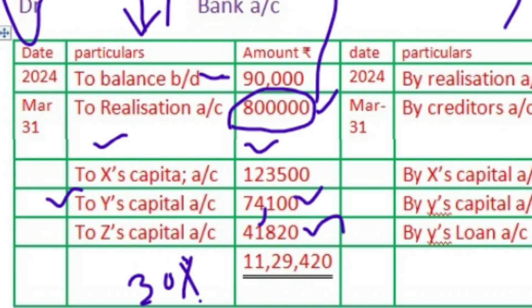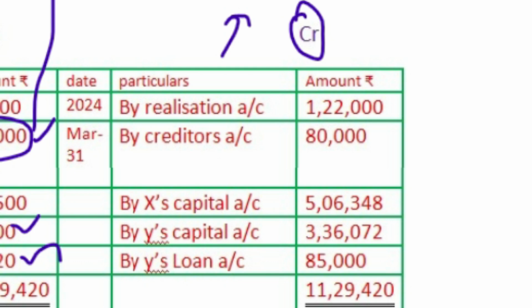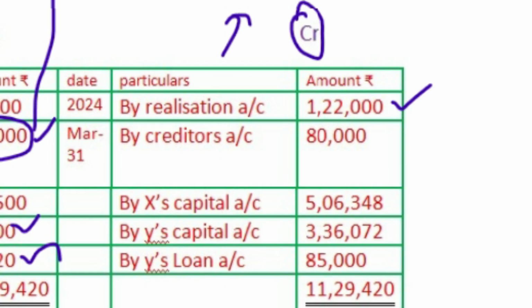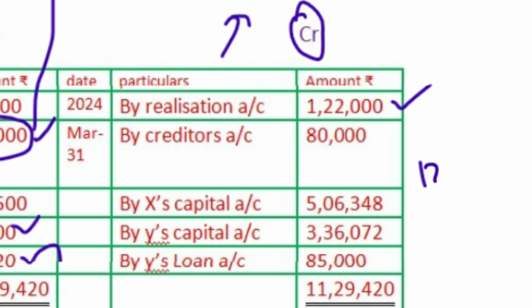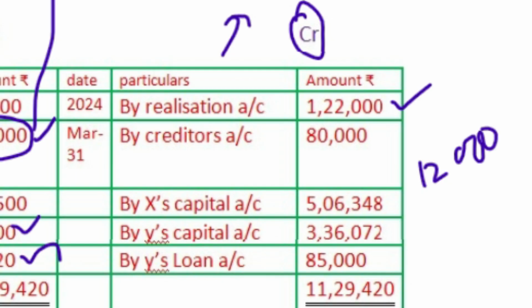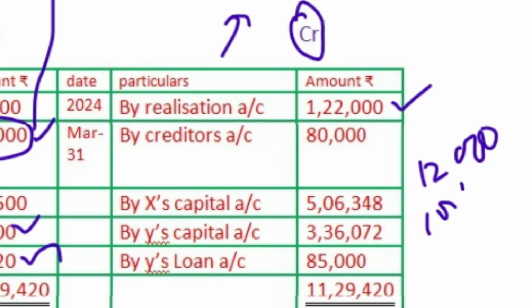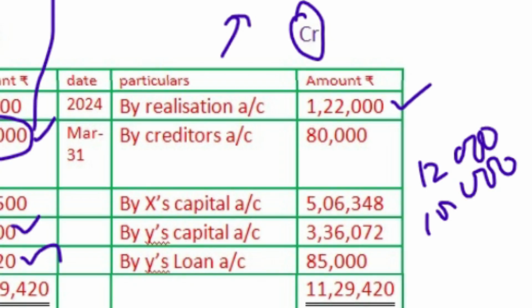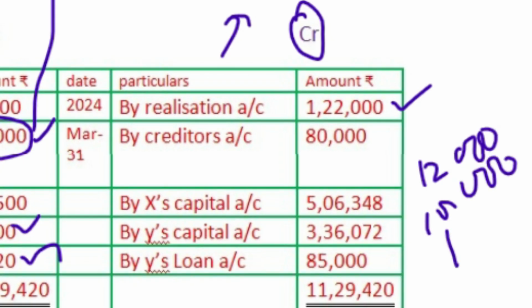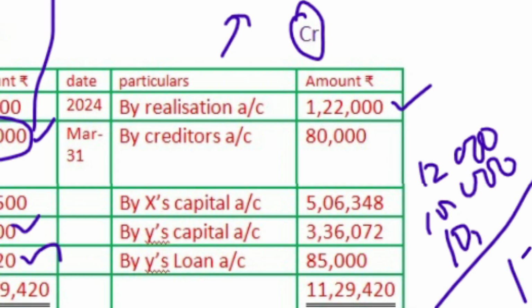Then realization expenses paid, 12,000, then bills payable paid 1 lakh rupees, then outstanding expenses paid 10,000. So this totals 1,22,000.